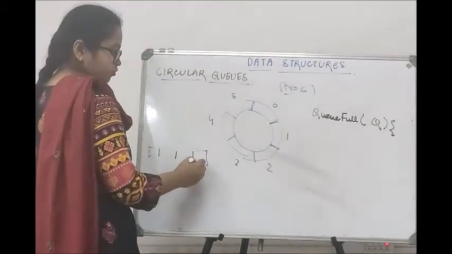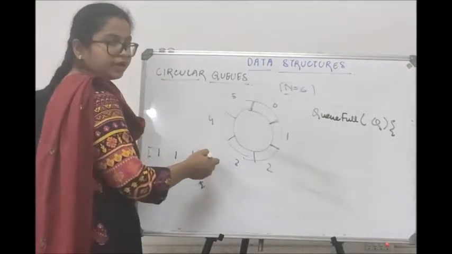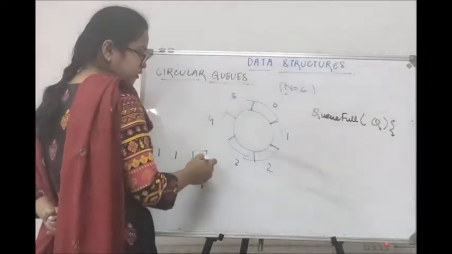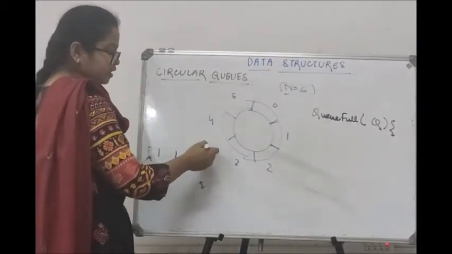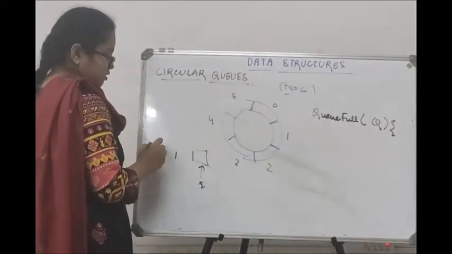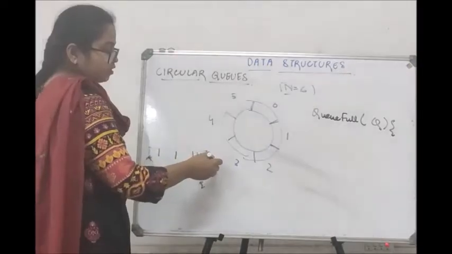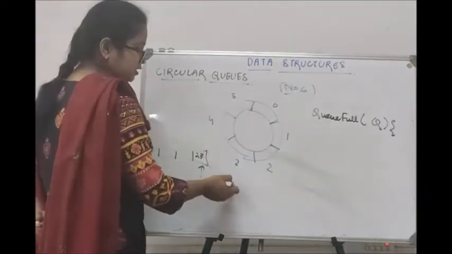If the rear is at the end, after which in a normal queue we cannot insert, right? But in circular queue, we can increment the rear and it will point back to here. So the next element, suppose it was 27, right? Now we want to insert 29. We cannot insert in normal queue, but we can insert in circular queue.